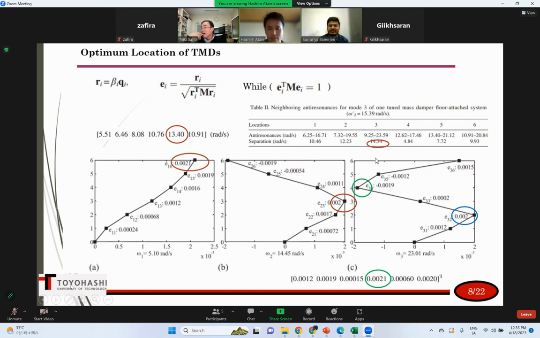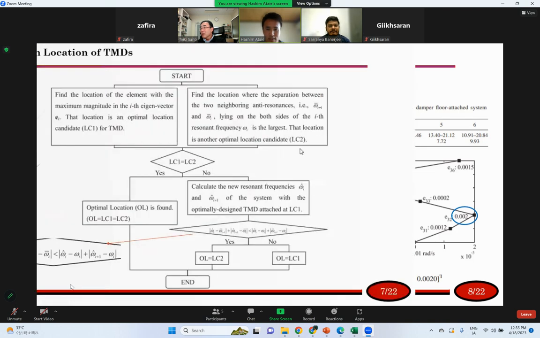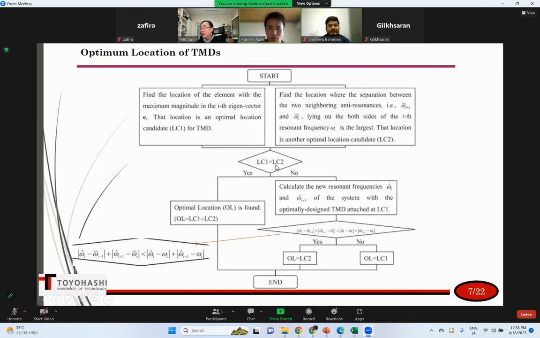Yes, sensei. But in this six-story model, these two approaches are the same finally. For example, in the third and second modes, LC1 and LC2 are the same, and in the first mode, LC1 and LC2 are also the same.